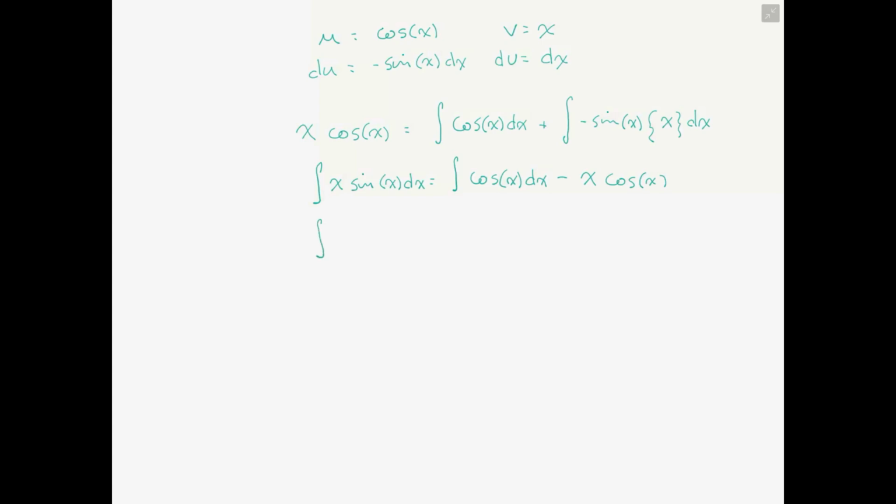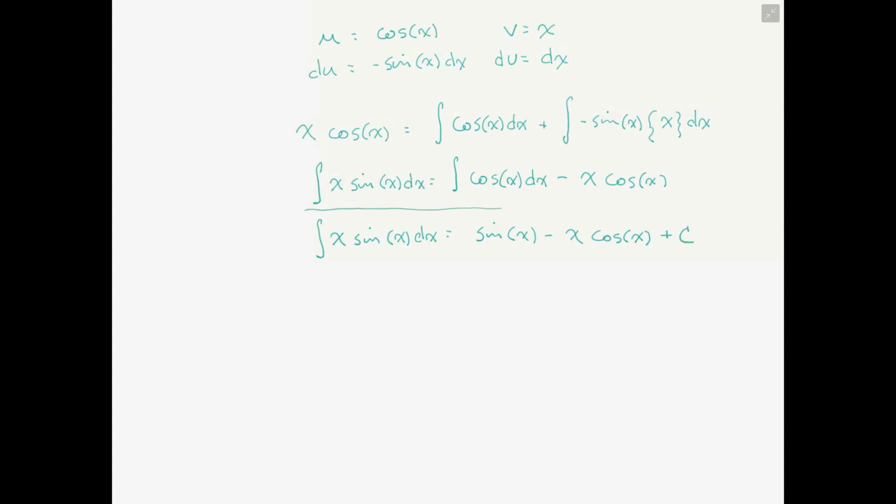Now, rewriting it, we have x sine of x dx equals the integration of cosine of x dx, which is sine of x, minus x cosine of x plus c.